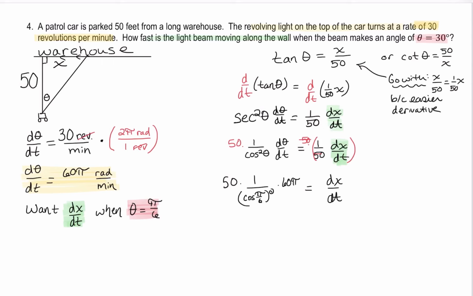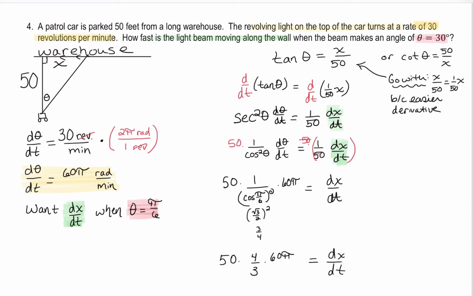Now your cosine at pi over 6, your x-coordinate there, is root 3 over 2. So this is root 3 over 2 quantity squared, and that would be 3/4. And that's all in the denominator. So 1 divided by 3/4 is like multiplying by 4/3. And then times our 60 pi. And that is all equal to our dx dt.